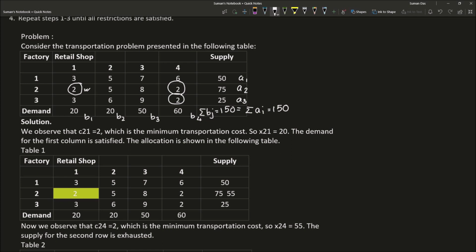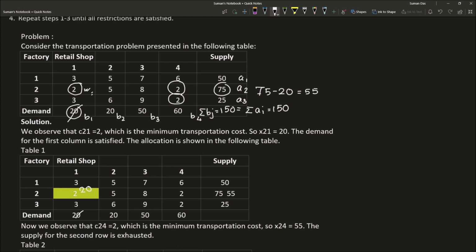So at first, which cell have we chosen? That one. Now look at the demand, that is 20, and the supply is 75. Which one is minimum? 20. So we are allocating 20 in the cost cell, and subtracting that 20, we get 55.